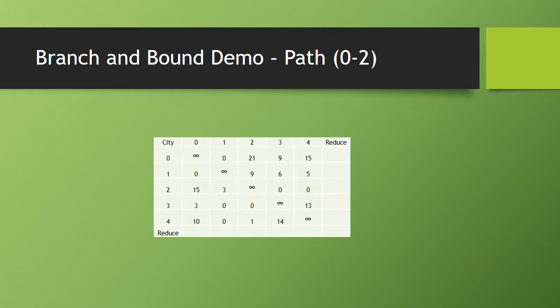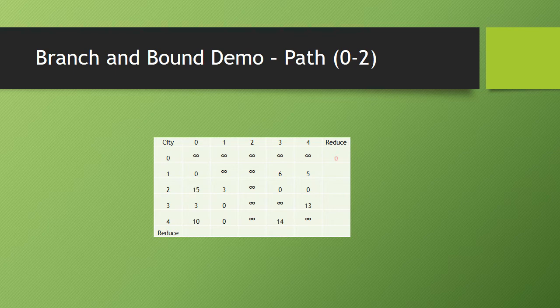And then we move on and we check 0 to 2. First step, make everything in row 0 infinity, everything in column 2 infinity, and then we're not traveling back from 2 to 0, so that also becomes infinity.